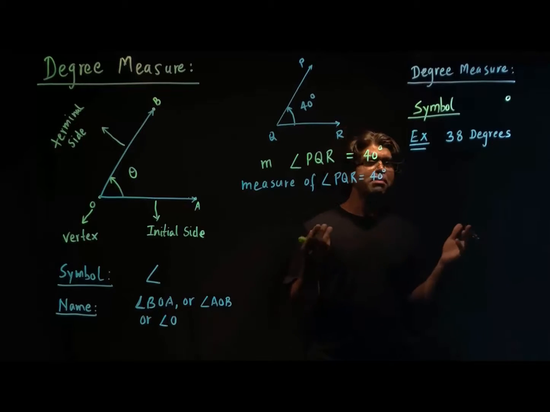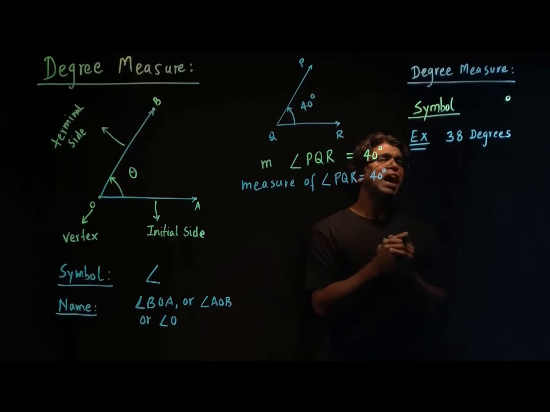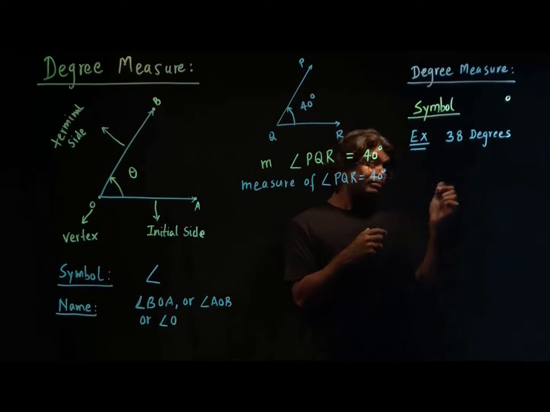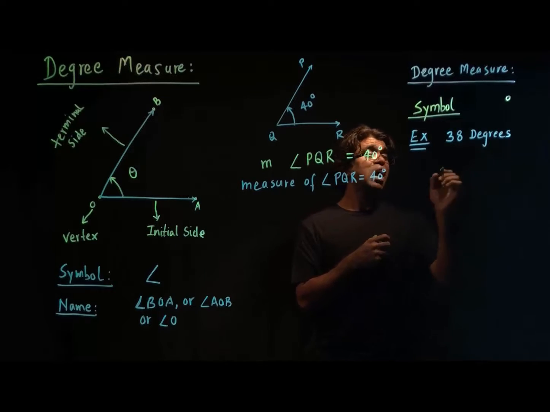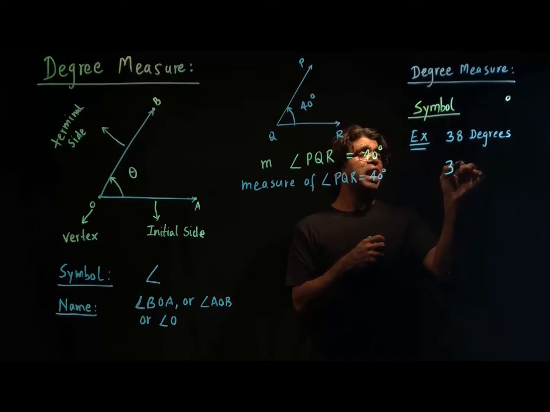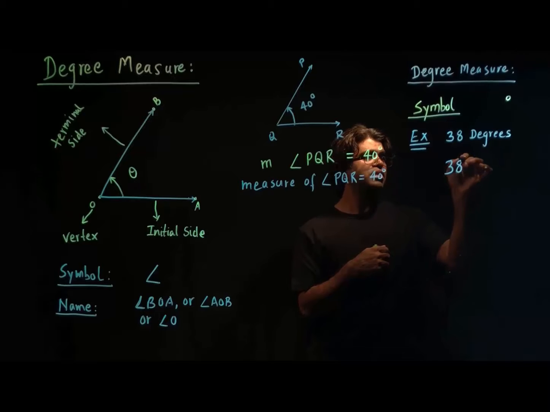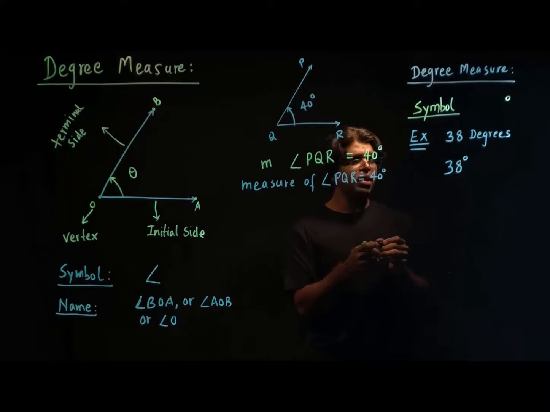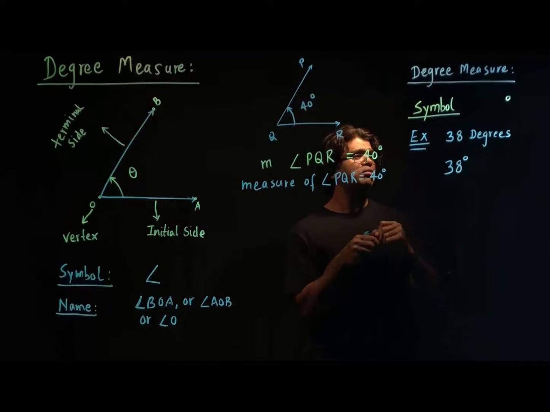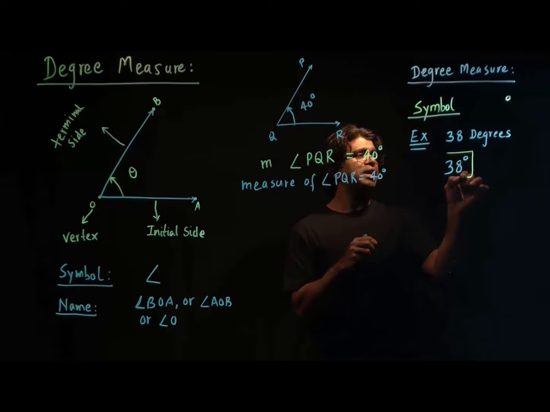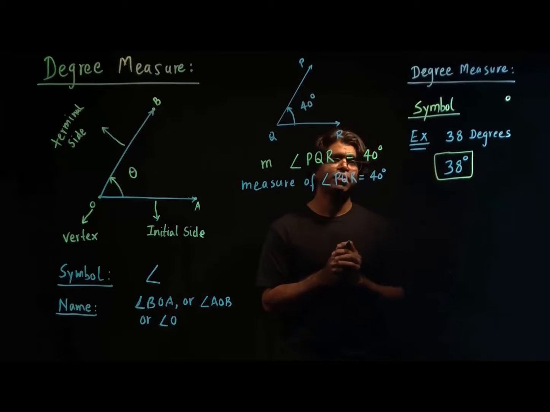But since we are doing math, we should write this value in terms of degrees. So instead of writing this, I'm going to write 38 and then use my symbol, which is this symbol right here. And how will I read this? I will read this as 38 degrees. All right?